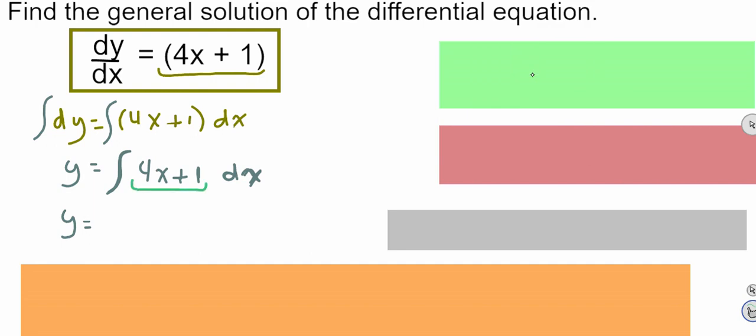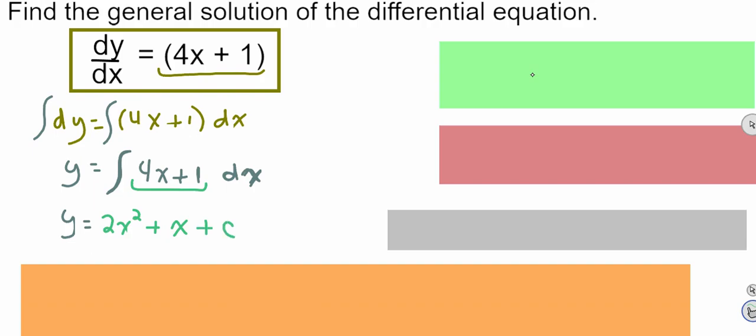And this one's pretty easy, right? Would you agree that if we had 2x squared, the derivative of that would be 4x? And the derivative of plain old x would be 1. So we're just going to use a little logic here. And then we are going to add a plus c. We'll talk about why in just a second.